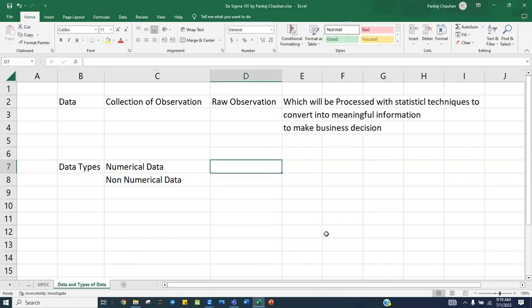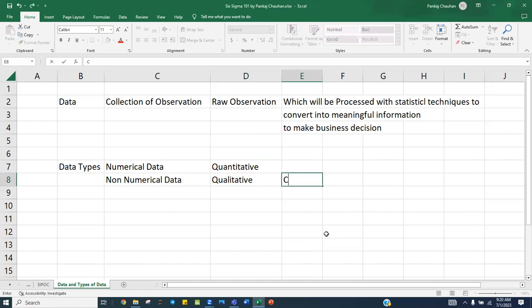Numerical data is also called quantitative data, and non-numerical data is called qualitative data, which means categorical data, when you are not dealing with numbers.